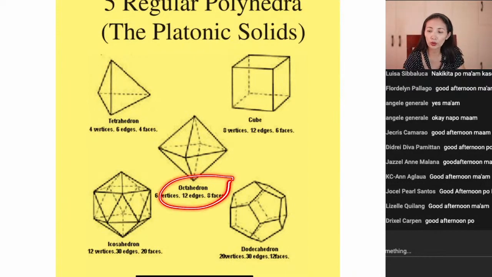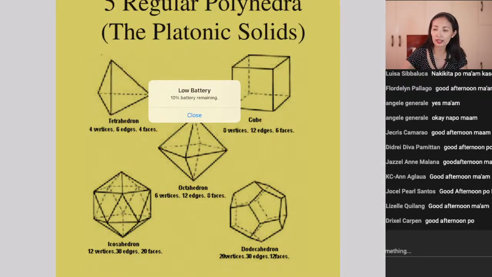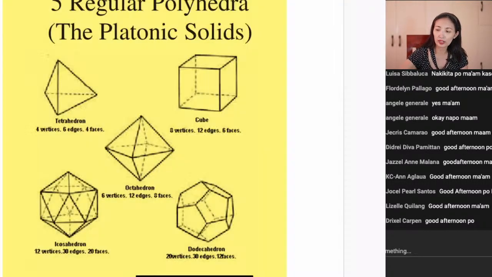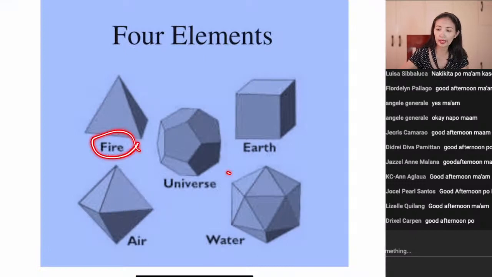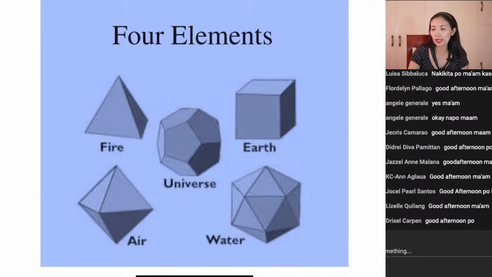So each Platonic solid represents an element. We call them the Platonic solids.